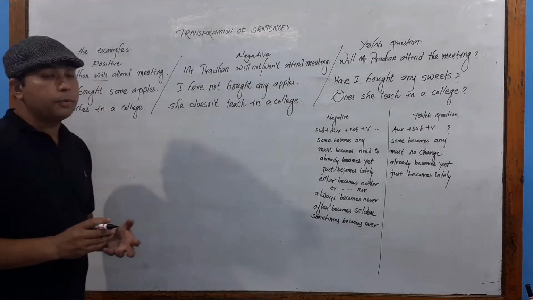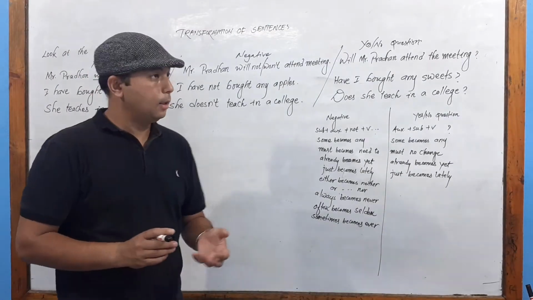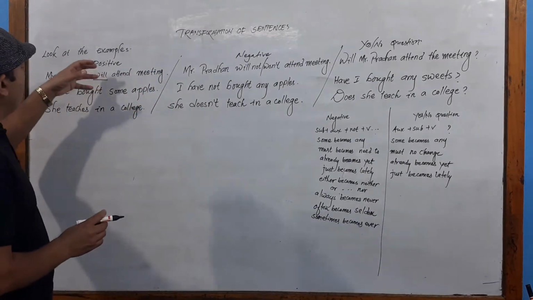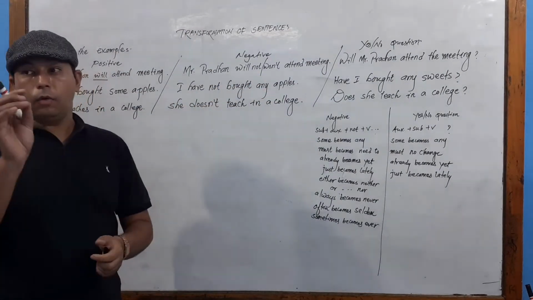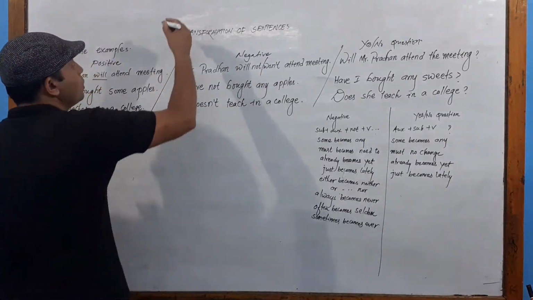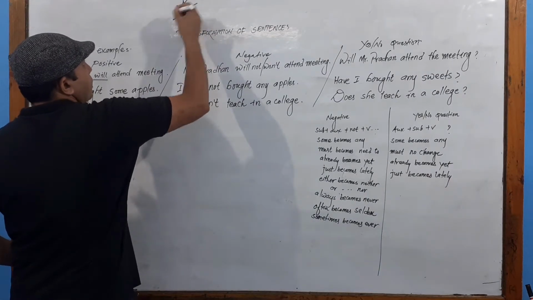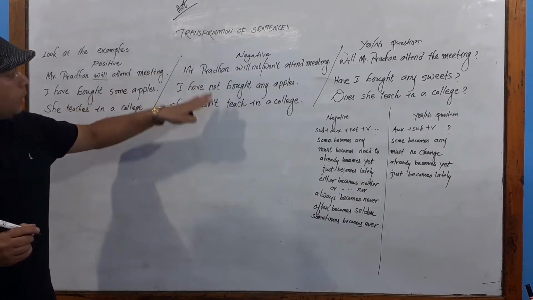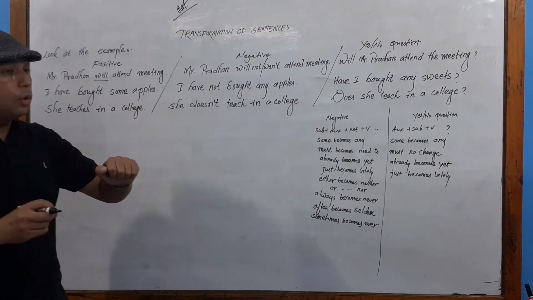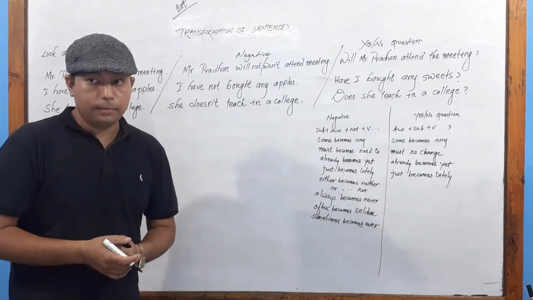If we have to transform from affirmative to negative, then only one thing: negative means the use of not. Use of not will be there, and we have to know where to insert that not.